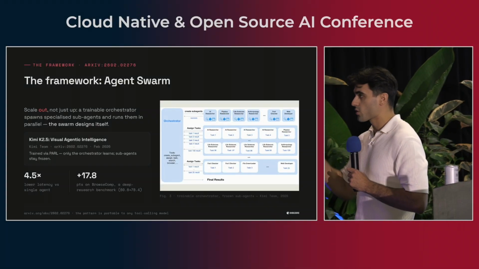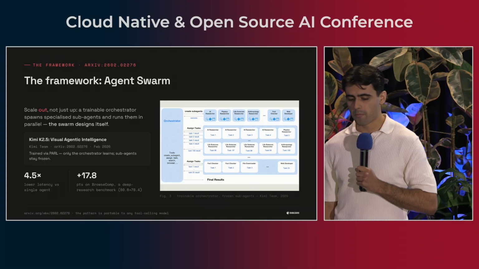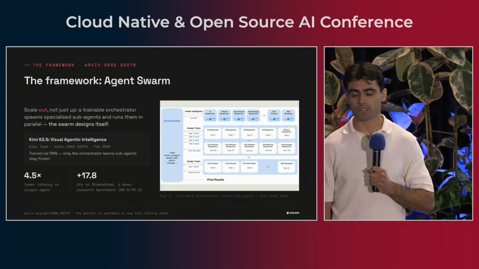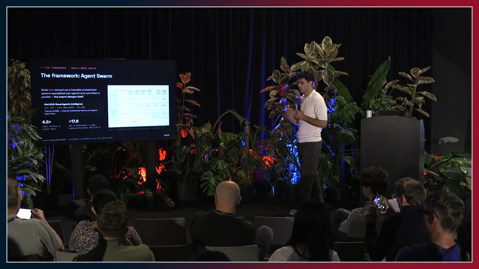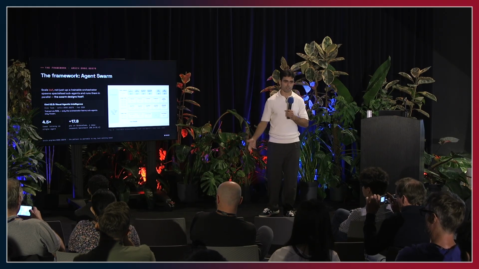This is all inspired, and the name Agent Swarm comes from a paper published by the Kimi team from Moonshot AI. They published their new training methodology for their Kimi 2.5 model in February of this year. This essentially introduced a new algorithm for the training called PARL, Parallel Agent Recursive Learning.